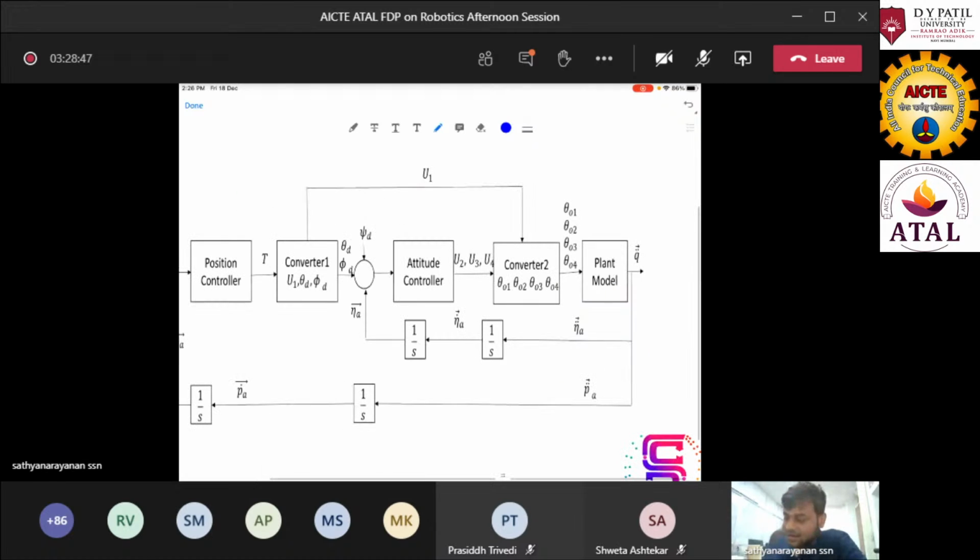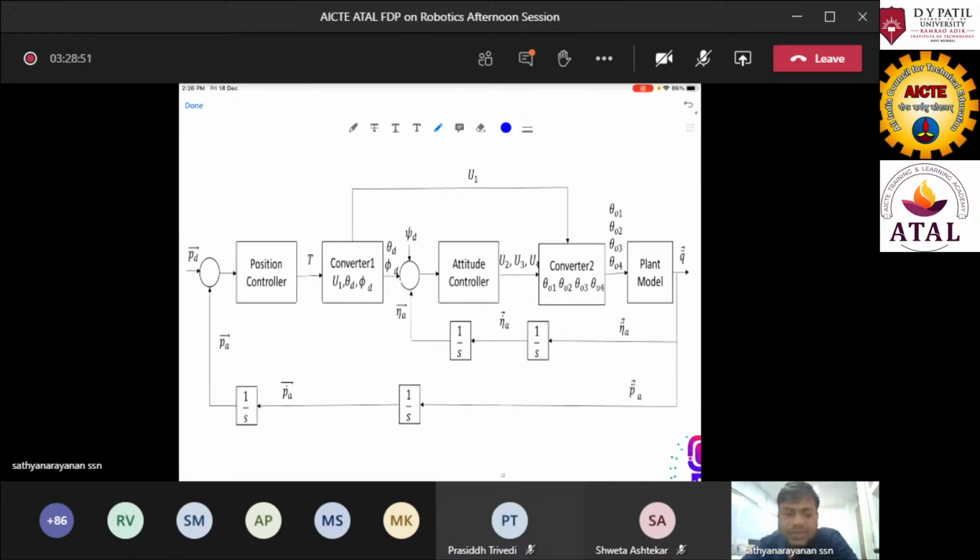But if you see, this variable pitch quad rotor is also an under-actuated system. Even though you can generate thrust in the reverse direction, you can't generate thrust along the x or y axis without rolling and pitching.